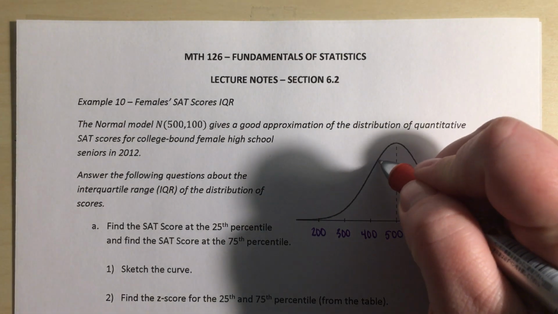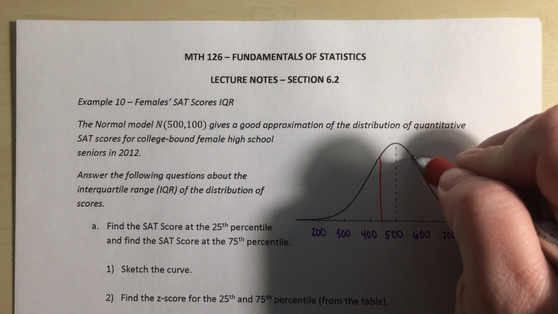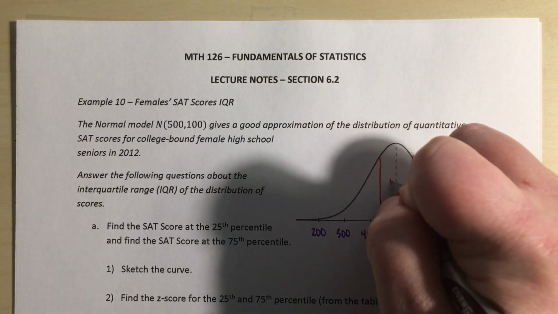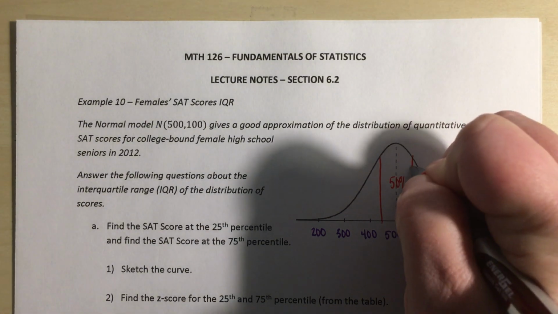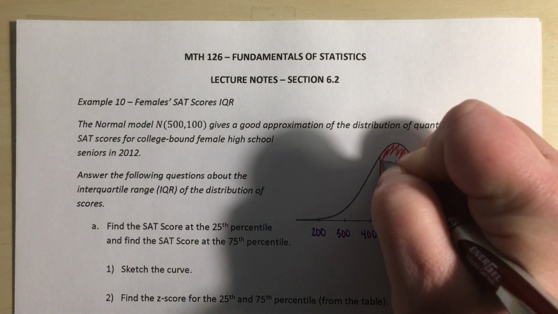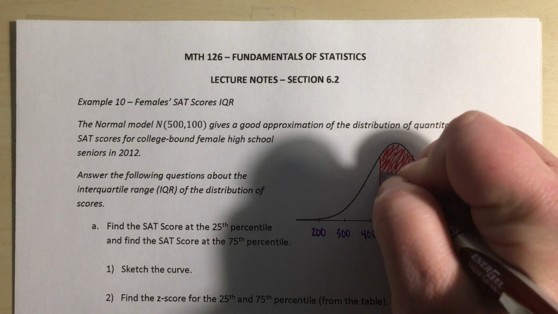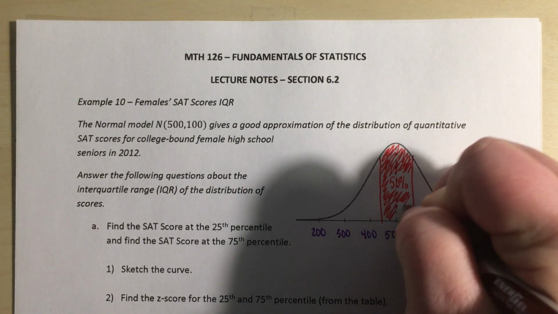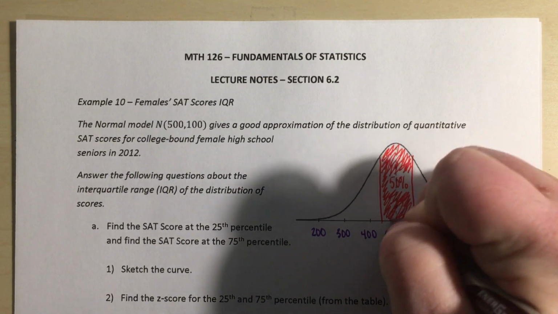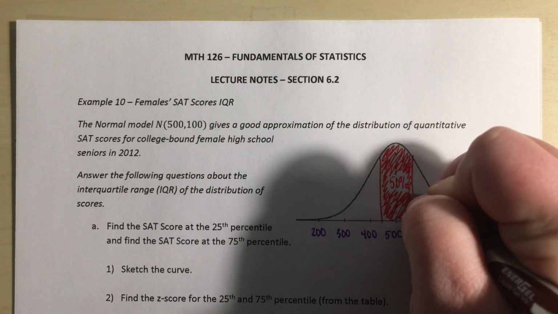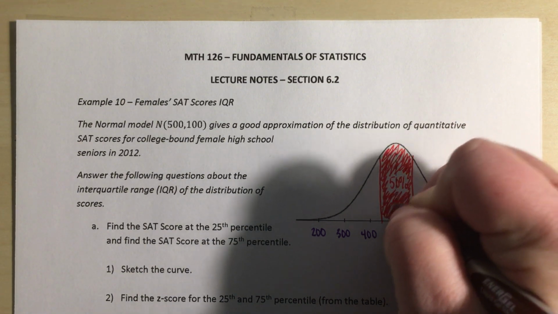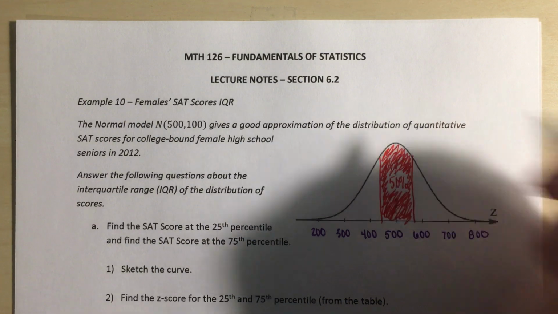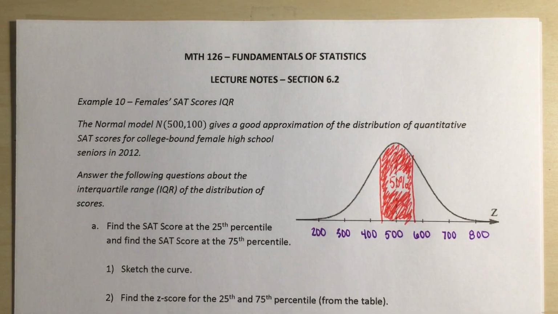So in my picture, I'm shading in approximately this middle 50%. Where you draw your limits on your picture may be slightly different, but we're looking just at this middle portion. So that's what I'm going to shade in here. Okay, so there's our sketch of our curve.